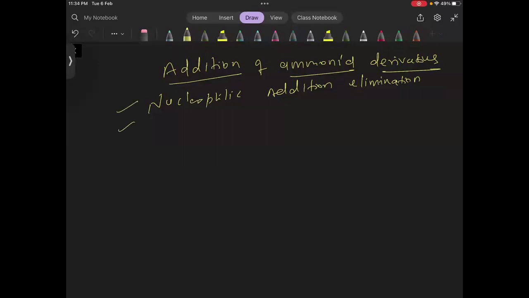Second, it should be in a weakly acidic medium.